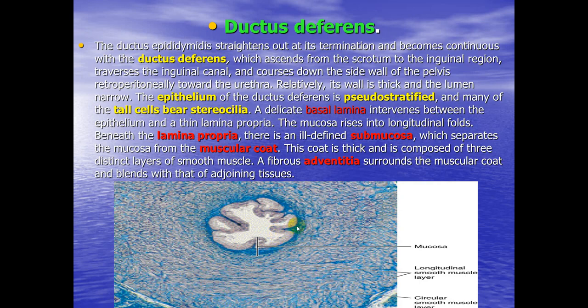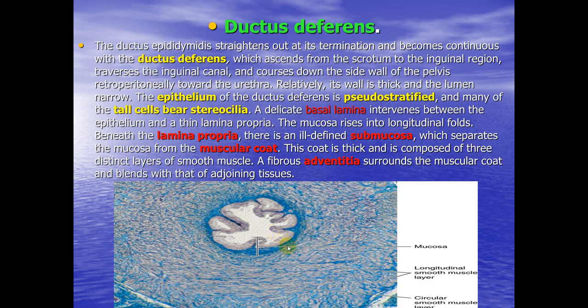Then a peritubular connective tissue. Together they form the tunica mucosa. Peritubular connective tissue now gets the name lamina propria of the tunica mucosa. Then the layer of submucosa, because this duct is comparatively large and has a comparatively thick wall.